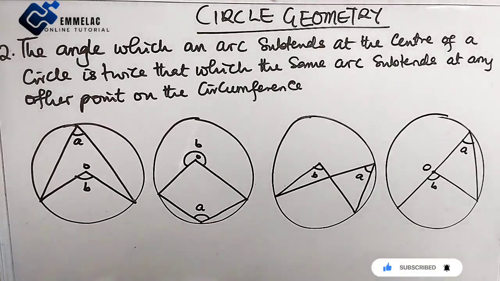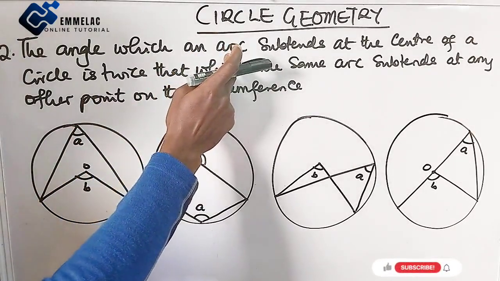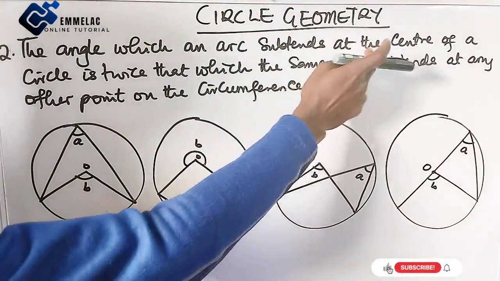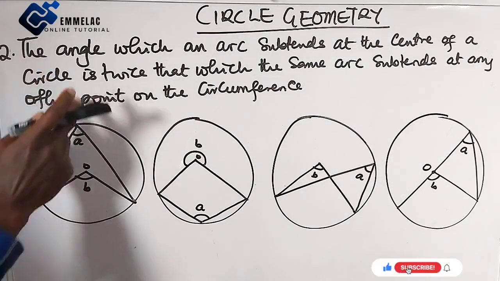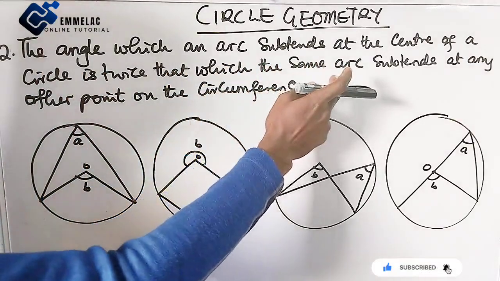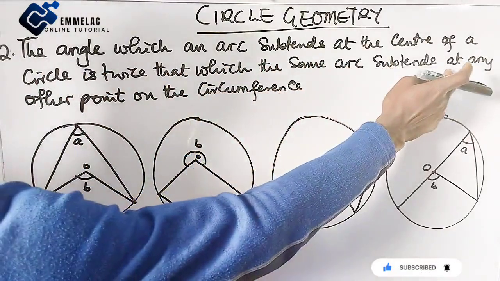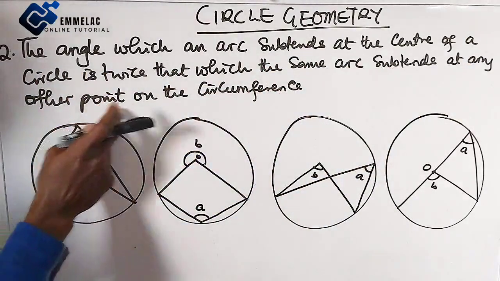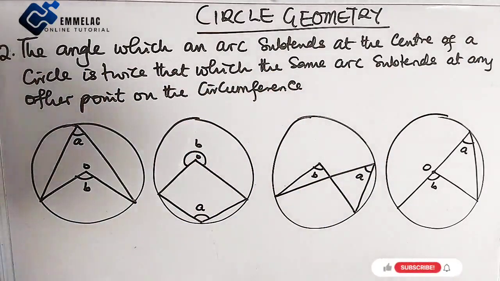For number 2, it says the angle which an arc subtends at the center of a circle is twice that which the same arc subtends at any other point on the circumference.